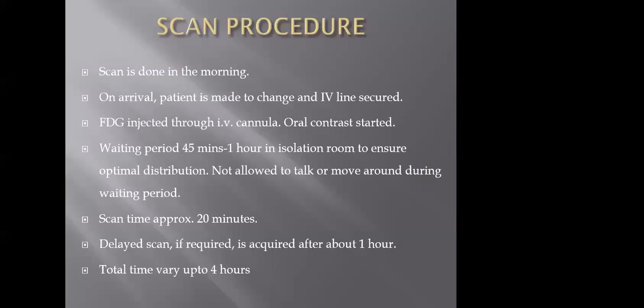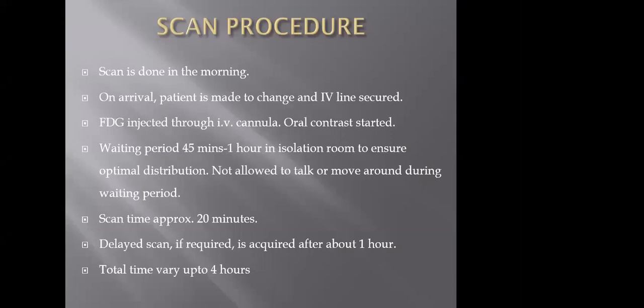If required, we also need to undertake delayed scans, especially in cancers of the urinary bladder, because initial scans will show a lot of normal urine excretion of the radioisotope, making it practically impossible to locate the bladder tumor.